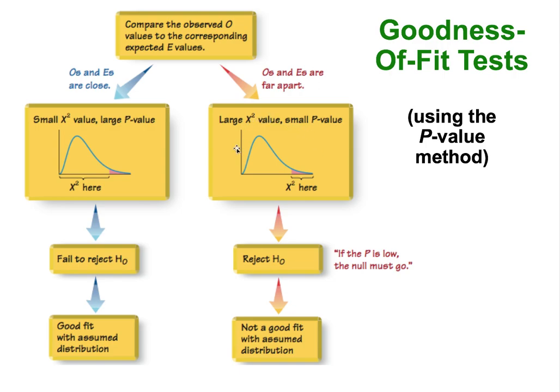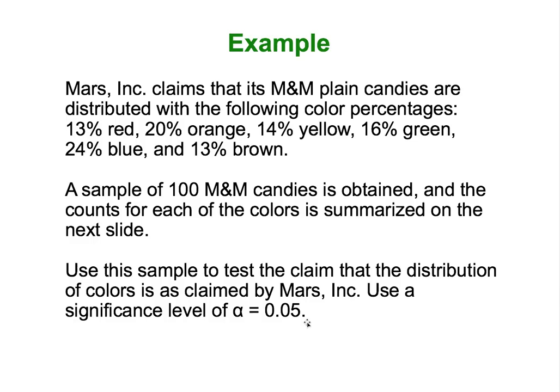If you have a large test statistic, that's going to be over here under the critical or rejection region. So here we fail to reject the null, here we reject the null, and the conclusion is that this shows a good fit with the assumed distribution. This shows that there's not a good fit.